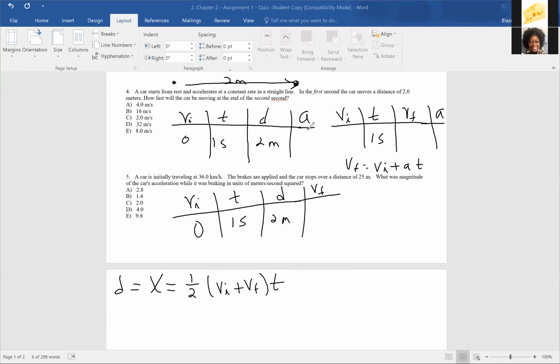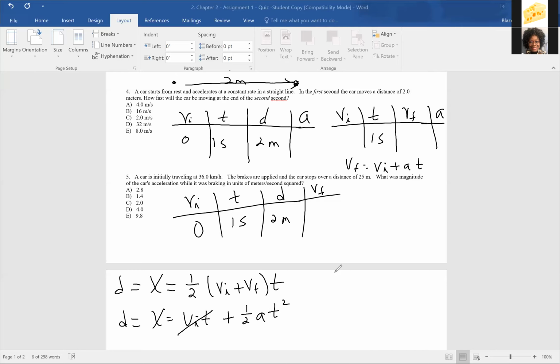Oh no, I'm sorry, I'm looking for acceleration. Let me go to the other equation. X is V initial times time plus 1/2 AT squared. Okay, that's what I need to use because I'm looking for A. I know X because X is D, that's given. I know V initial, that's 0, that whole term is gone. So what I'm solving for now is this A when I know X and I know T.